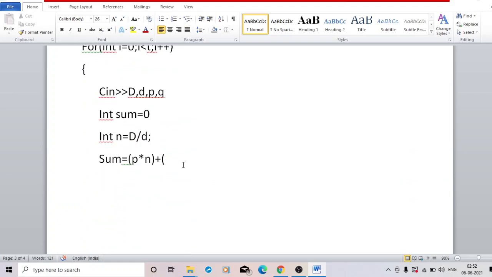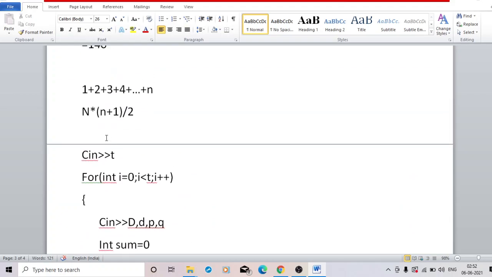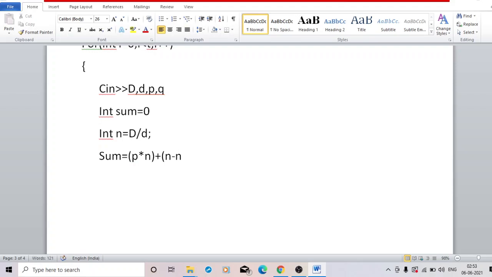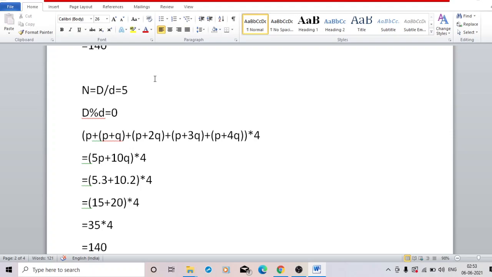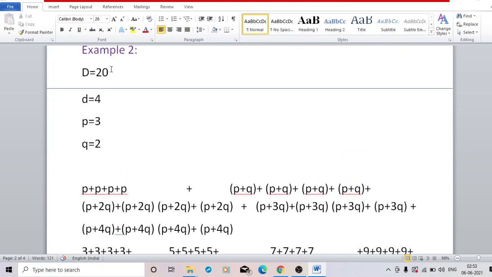So I can use it as n minus 1 into n minus 1 plus 1, divided by 2, and it will be multiplied with the value of Q, and this total summation will be multiplied with the small d value. You can see this is multiplied with 4. 4 is the small d.